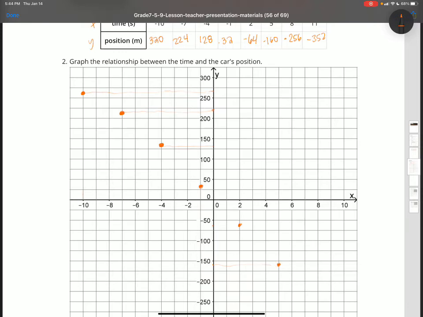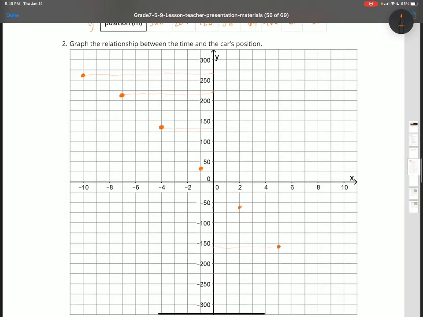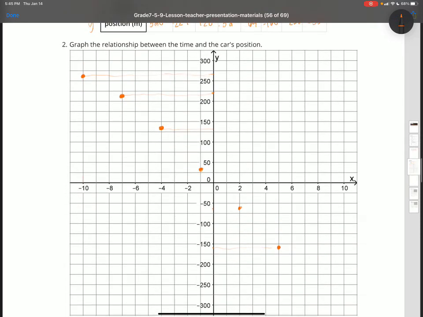Then for 8, it's going to be negative 256, and it's going to be closer to 250, because remember, it's in increments of 25.